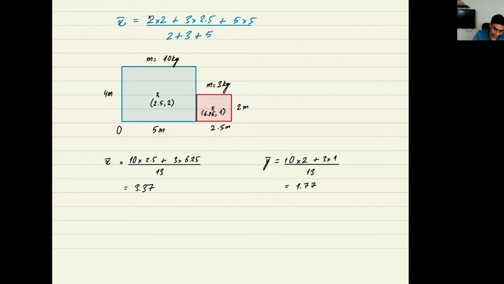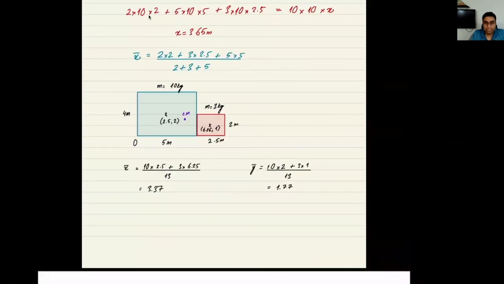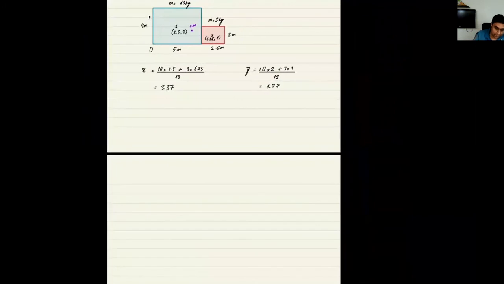You'd be like, sir, अगर मैं एक combined weight का point यहाँ पे judge करना चाहता हूँ, so that would be somewhere here, 3.37, and so this is the center of mass of the combination of the two sheets. So this is how it's going to be. And more importantly, the examiner is expected to give you something like this.